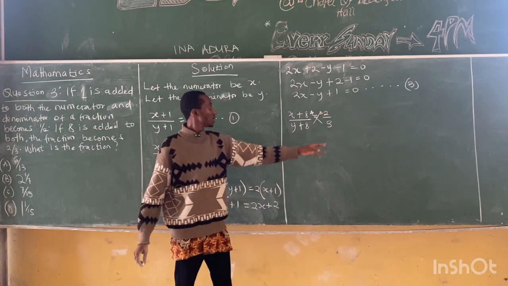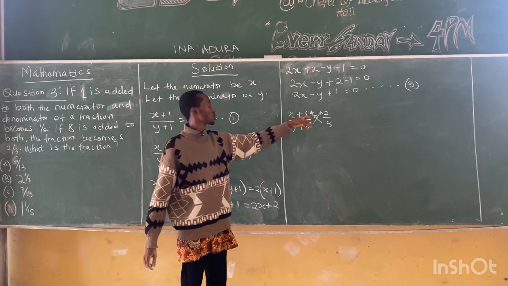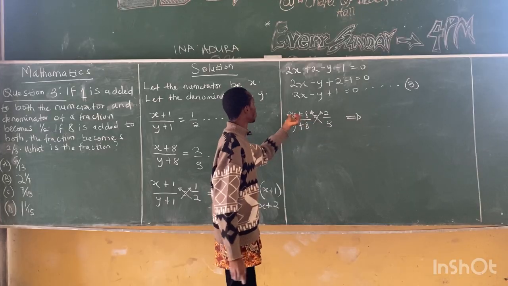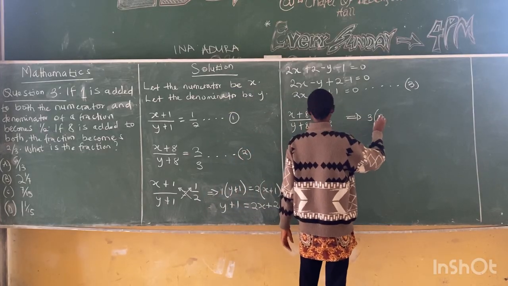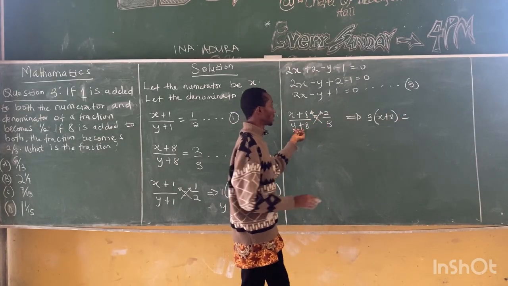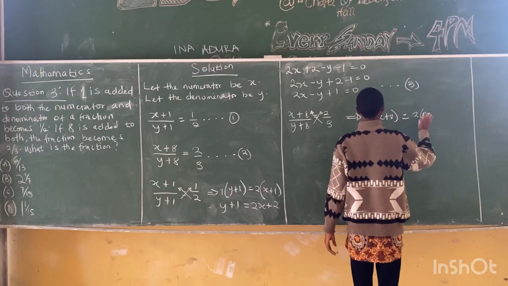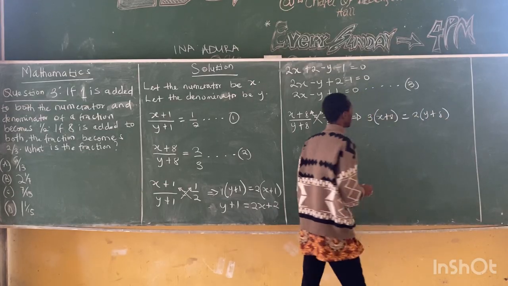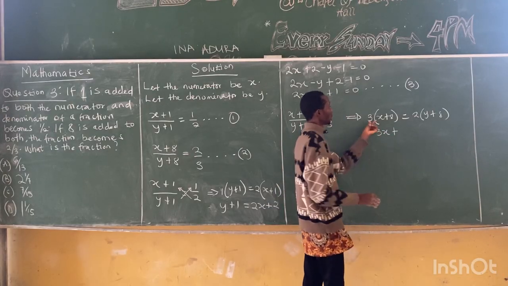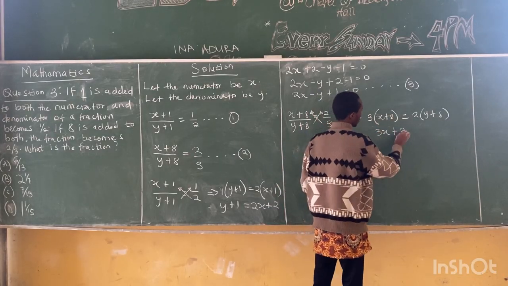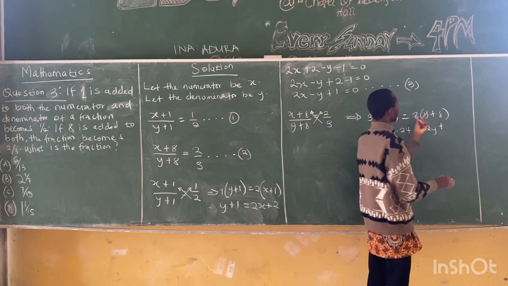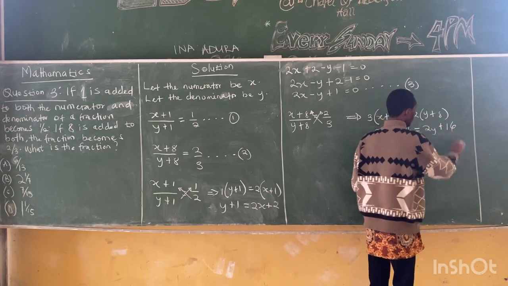This gives us 3 multiplied by x plus 8 is equal to 2 into y plus 8. 3 times x is 3x plus 3 times 8 is 24, equal to 2y plus 2 times 8, which is 16.